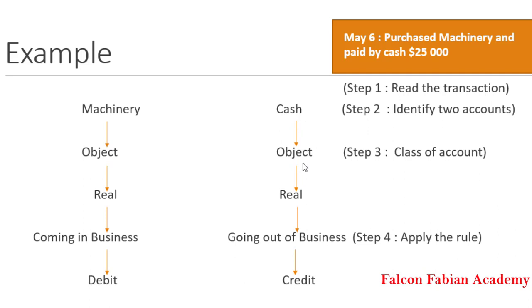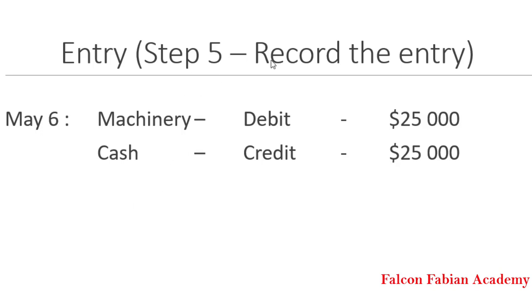Both of these are objects, and any resource that is going to be used for the purpose of generating revenue is an asset. And all assets, whether they are tangible or intangible, will come under real account. Machinery is coming in the business, cash is going out of the business. You debit what comes in and you credit what goes out. And then the final step was to record the entry.